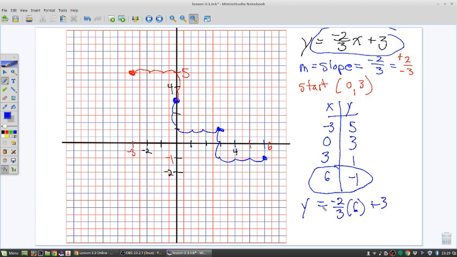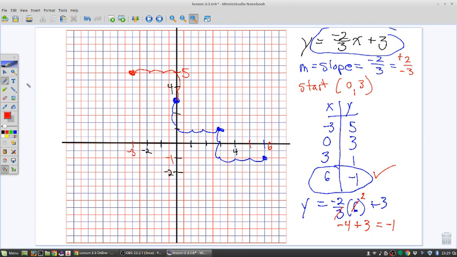So 3 goes into 6 twice. And 2 times -2 is -4. -4 plus that 3 there gives me a -1, which is just what I hoped. So the slope did give me a series of points that line up, and they seem to be on the line that matches my equation.